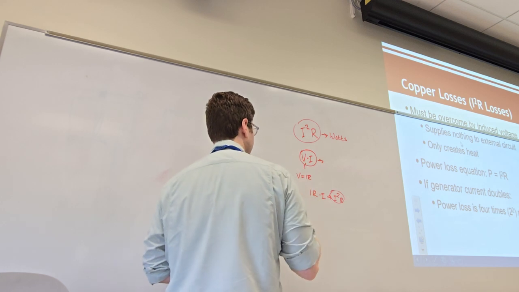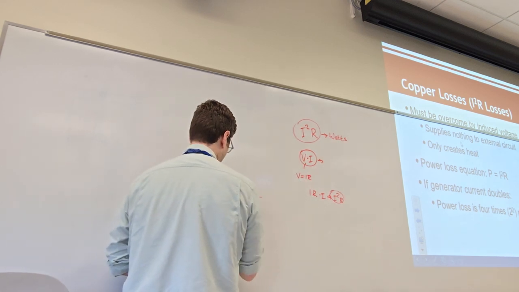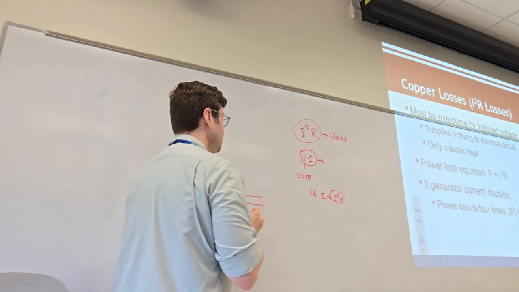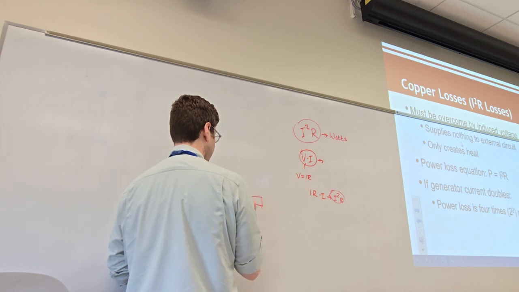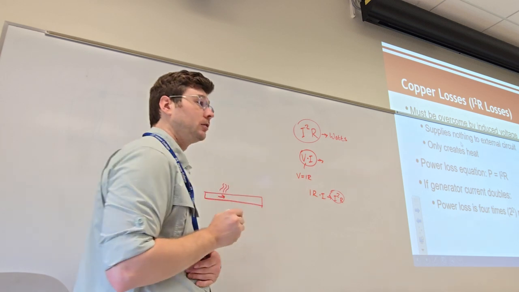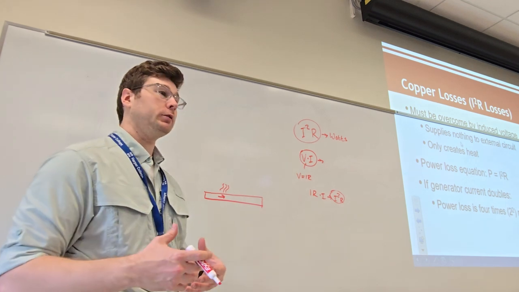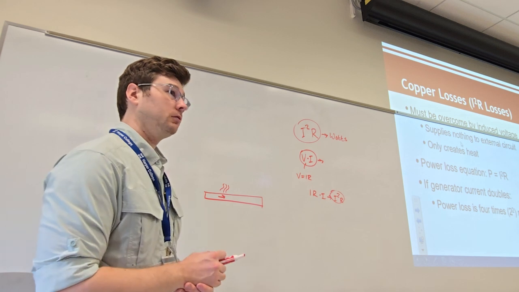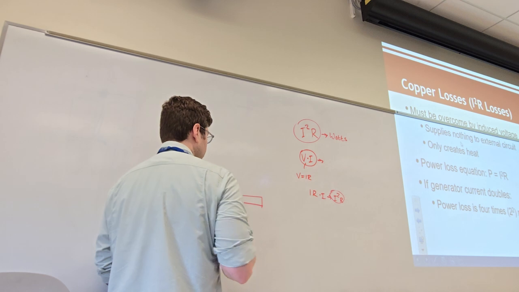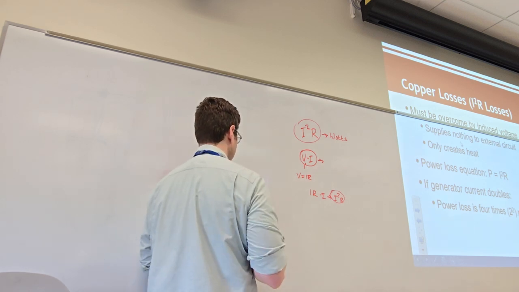The reason why it's useful is because whenever we have a wire, any wire, even the smallest ones, and we have current traveling along it, we will have some amount of that lost as heat. It takes energy to move electrons down that wire. Some of it's going to be lost in the transfer of doing that. The equation that we use to calculate that heat is I squared R.